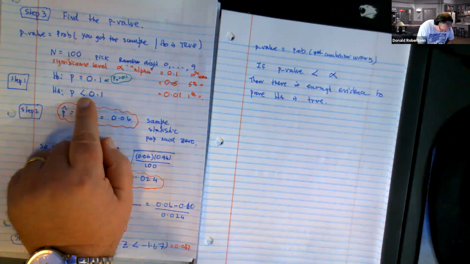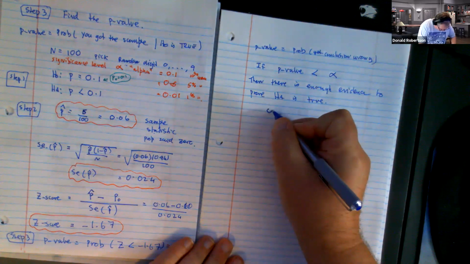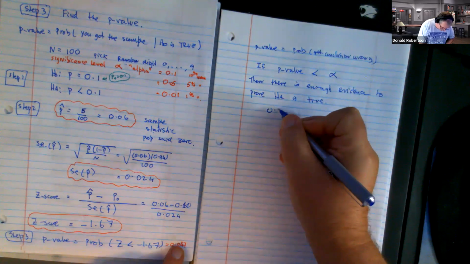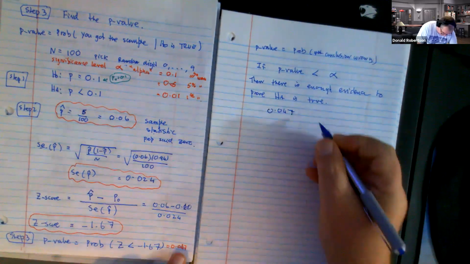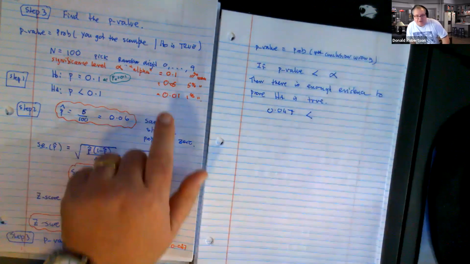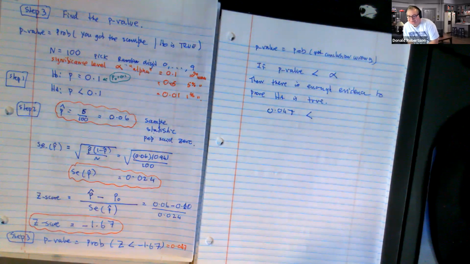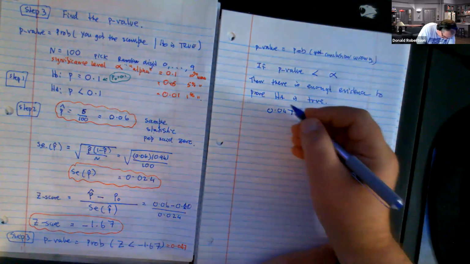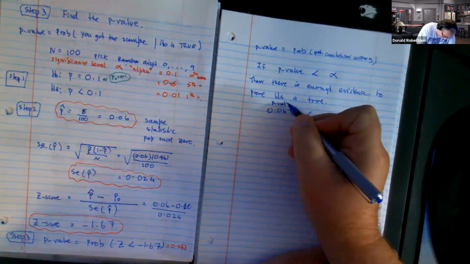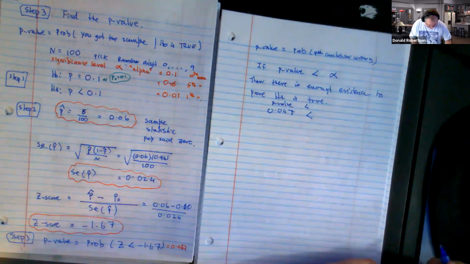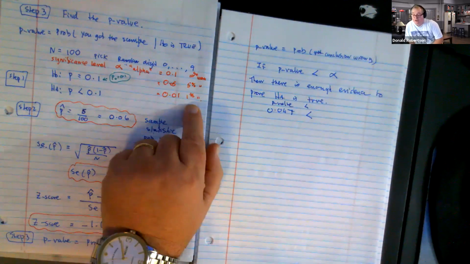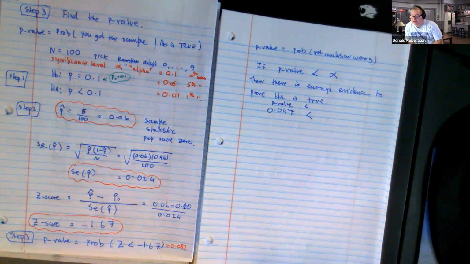Well, my p-value that I just got was 0.047. That's my p-value. Which of these significance levels should I be picking? 10%, 5%, or 1%? What do you think I should be choosing? 5%.